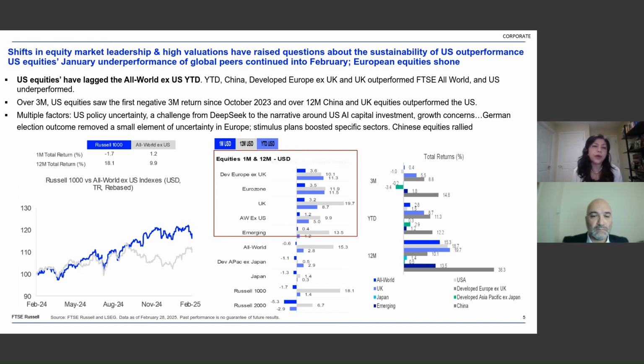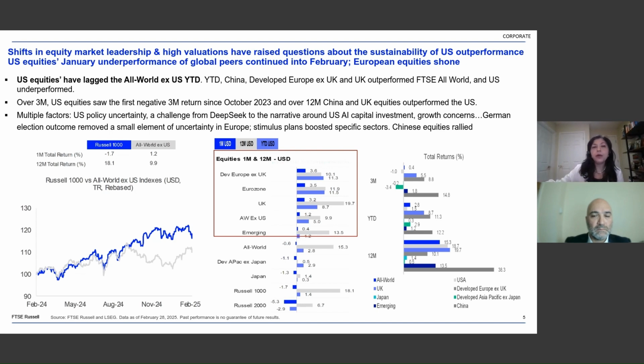What is happening in equity markets? You're seeing shifts in the equity market leadership. US equities started underperforming in January, and its global peers continued into February, whereas European equities are really shining. These are all numbers through end of February, but the story continues in March. Essentially, year to date, United States equities have been lagging the all world ex United States.